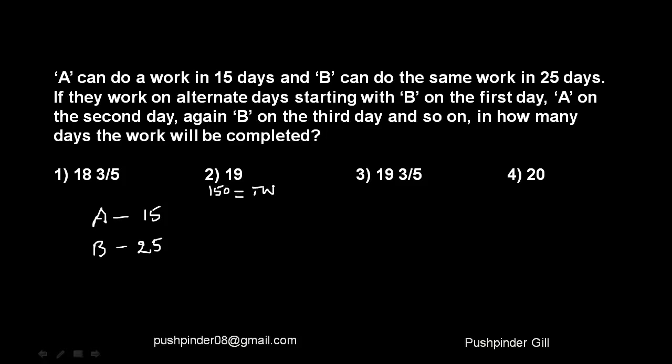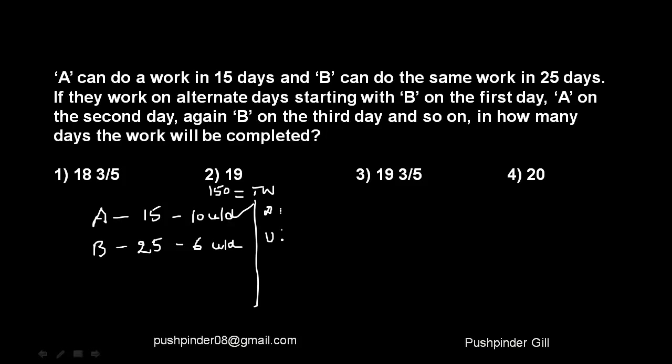Which means that A is going to finish 10 units every day and B is going to finish 6 units every day, if I've done the math right. Yeah, right? So now what is going to happen? Let's see. Now these are days and these are units.